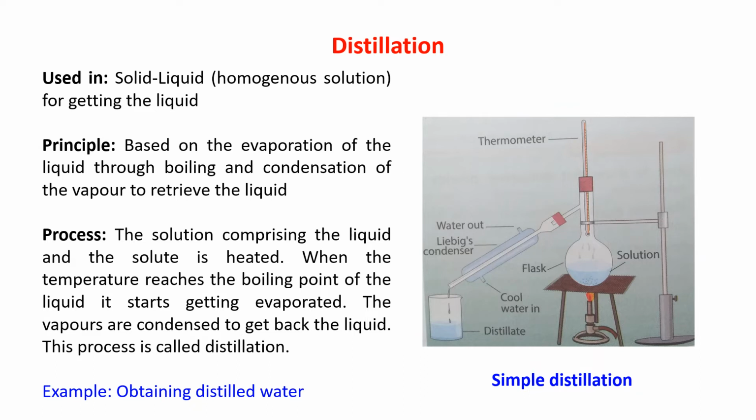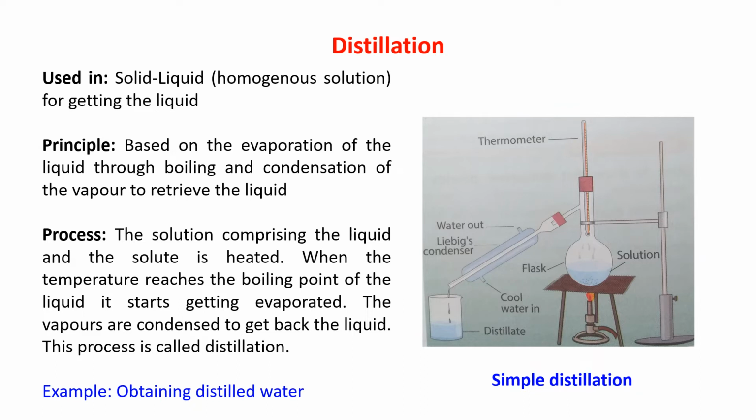We get the pure liquid from an impure liquid by distillation. This method is based on the principle of the evaporation of the liquid through boiling and then again condensation of the vapor to retrieve the liquid.